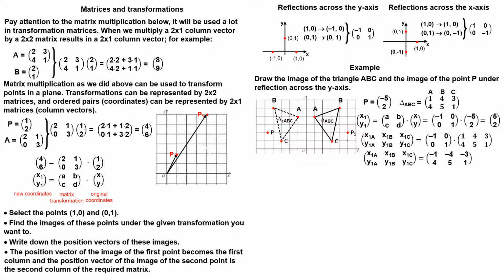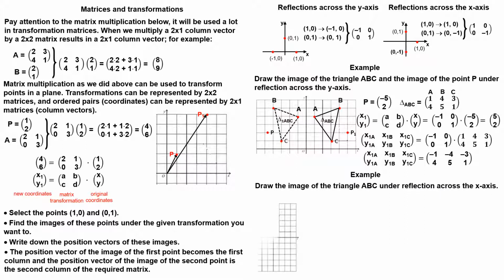Let's see how it works. Example: draw the image of the triangle ABC under reflection across the x-axis. Take the triangle ABC and express it as a matrix. We take the transformation matrix and left multiply it by the shape matrix of triangle ABC.